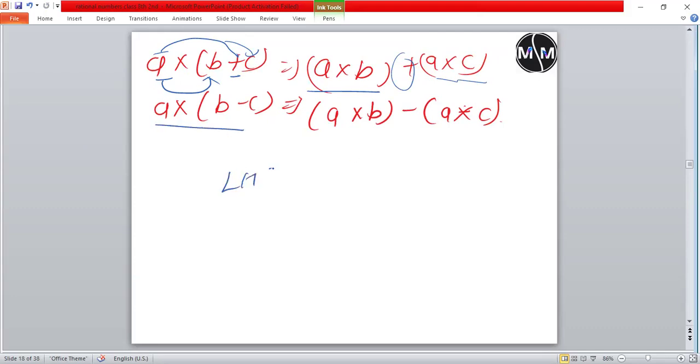Here LHS is equal to RHS. In this, the distribution of multiplication symbol in the bracket means first A multiplied by B, then A multiplied by C.